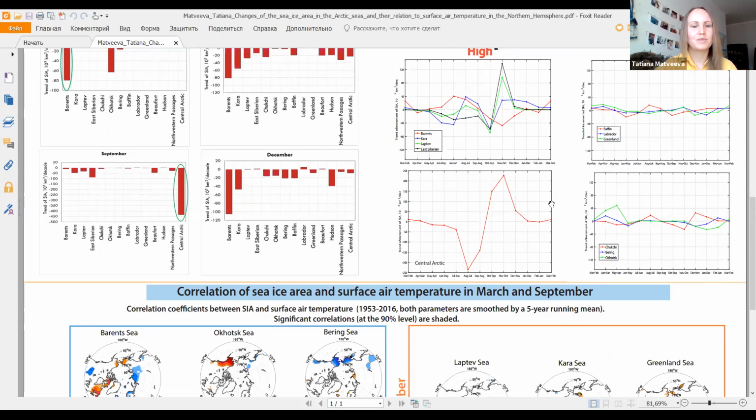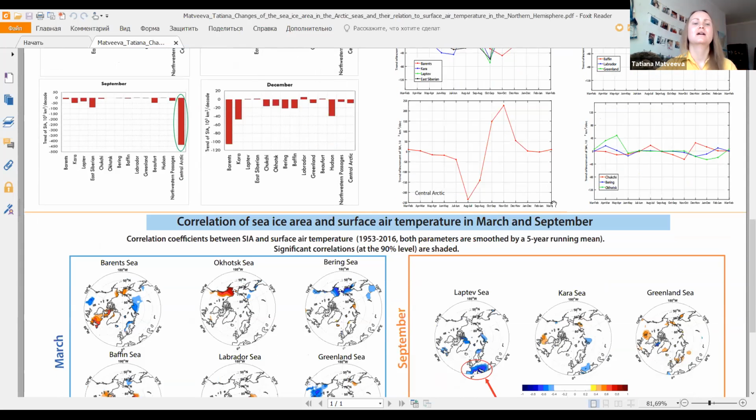The second part of my study includes correlation and the relationship, spatial and temporal, between Arctic sea ice in different seas and surface temperature in the Northern Hemisphere.